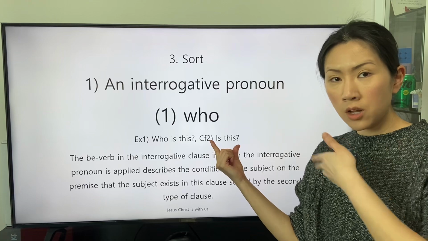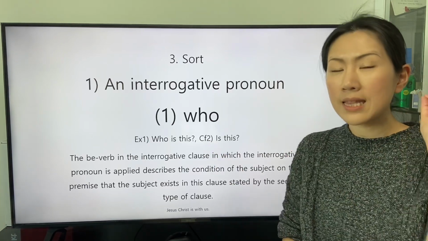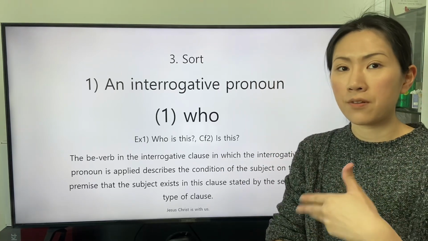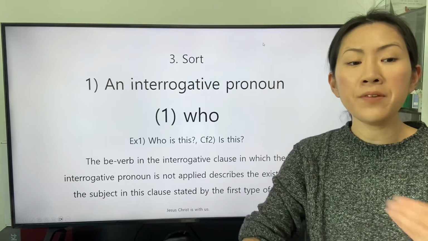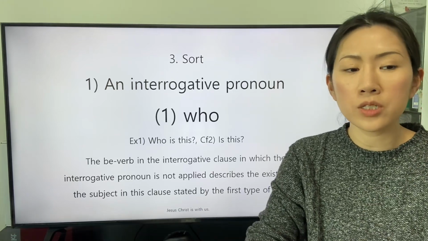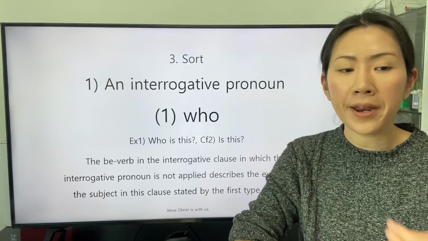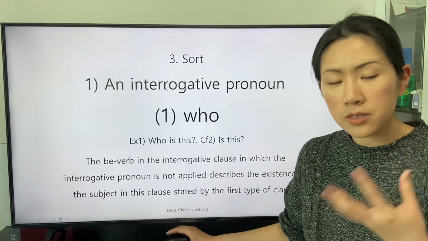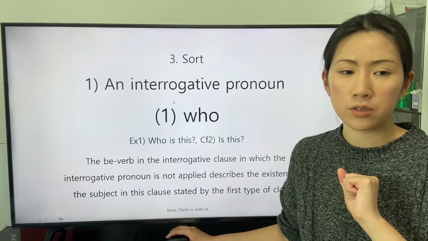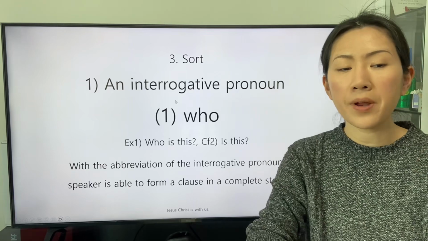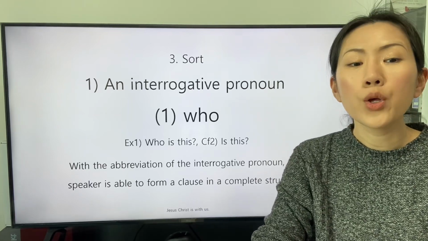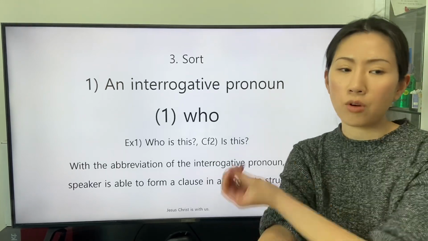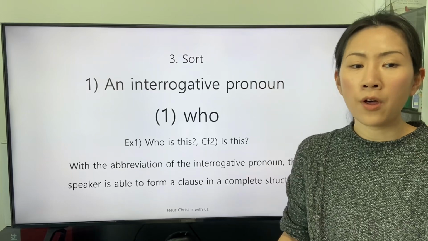So this clause, the second conference without the interrogative pronoun who, is complete in the first type of clause. The be verb in the interrogative clause in which the interrogative pronoun is not applied describes the existence of the subject in this clause stated by the first type of clause. With the abbreviation of the interrogative pronoun who, the speaker is able to form a clause in a complete structure in the first type of clause.